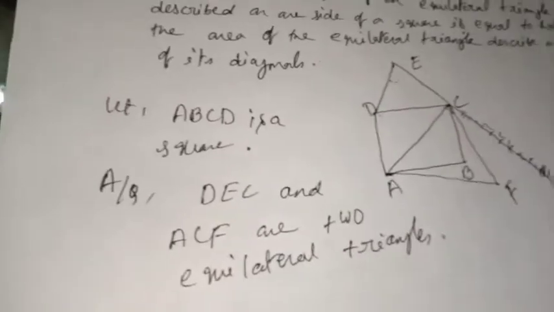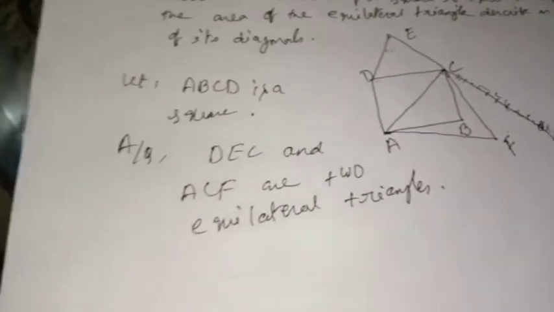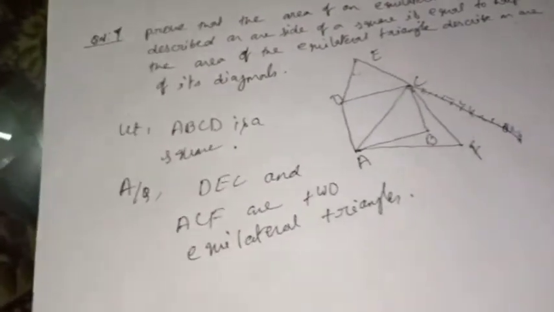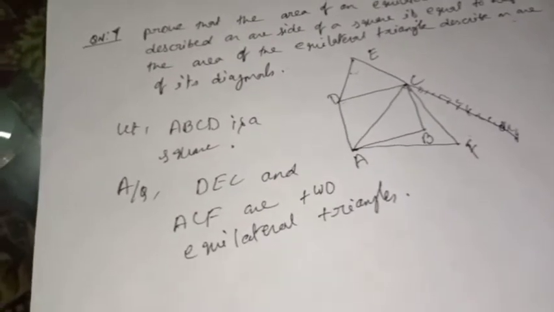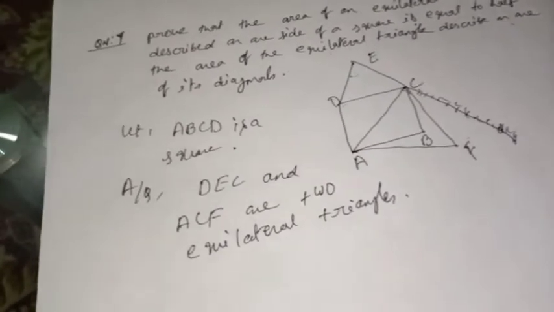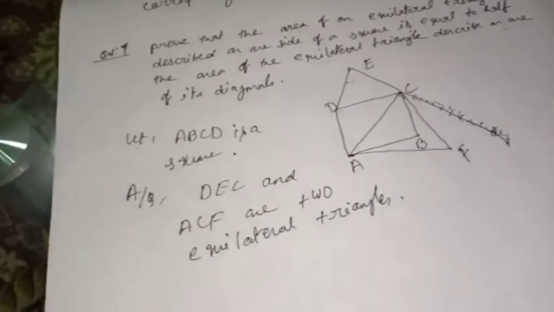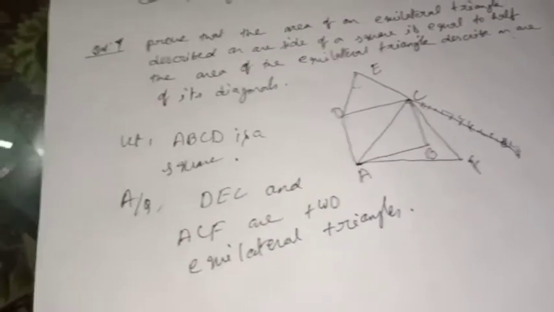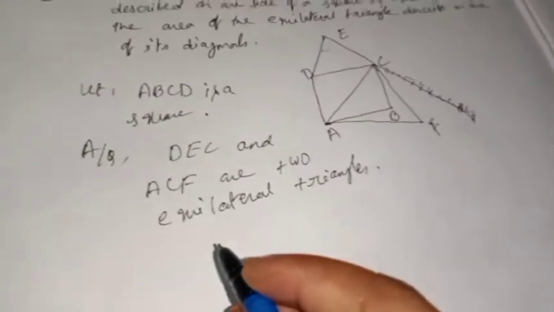Now we can say that DEC and ACF are similar. Why? Because all the equilateral triangles are similar, since the measure of each angle is how much? 60 degrees. So using AAA, you can say that all the equilateral triangles are similar. Understood?